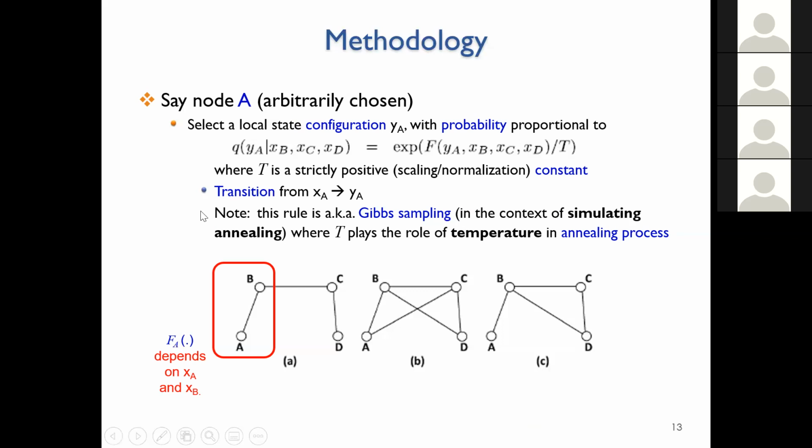So you do a transition from XA to YA for the node A. If you just go to a state, let's say power 1 or 2 or 10, which gives you the maximum local objective value FA, this is the best response decision. There is another way to do it, where you do not choose the best, but you choose one according to a probability distribution.